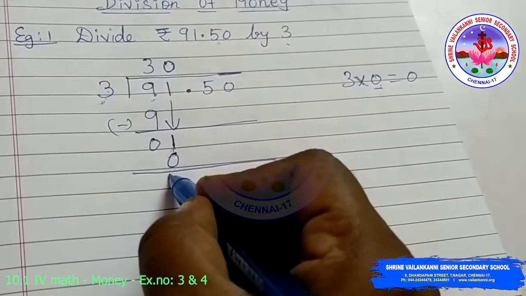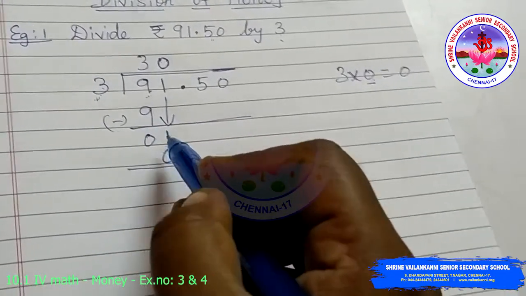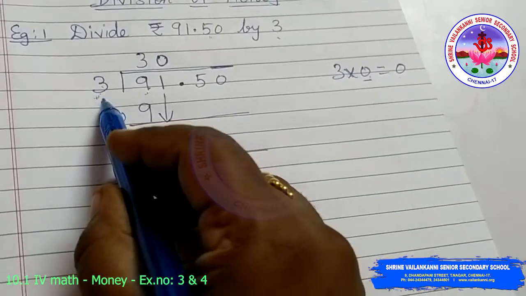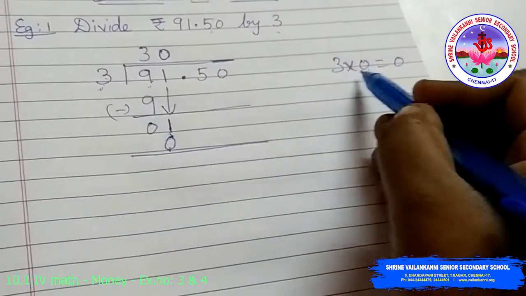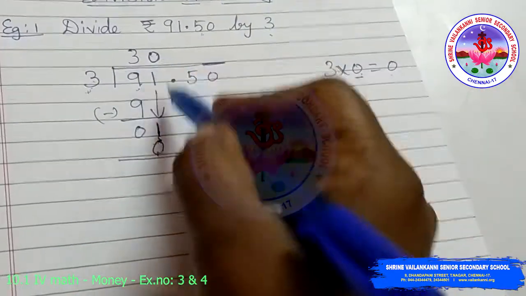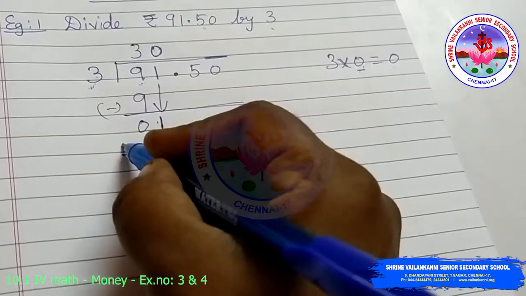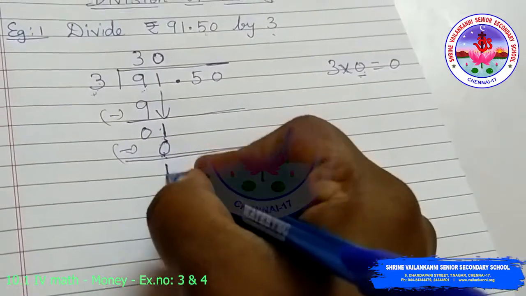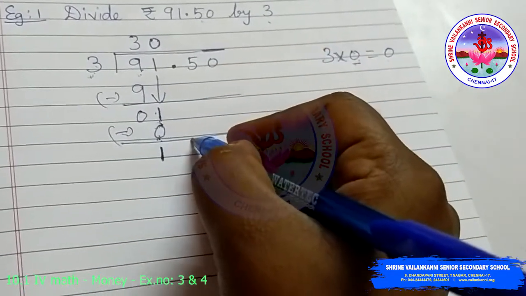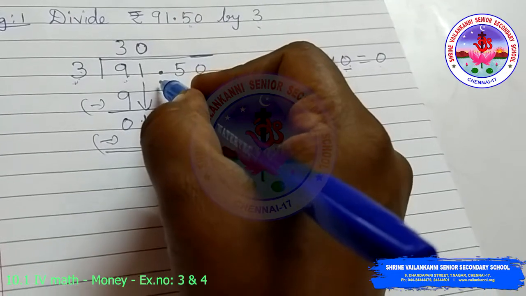Why are we doing this? Once I bring a number down, we have to do division. Since the 1 is smaller than the divisor, we are using the property of 0. 3 into 0 is 0. When you subtract, you will get the same 1. Now we can bring the next number down. You should be very careful here.